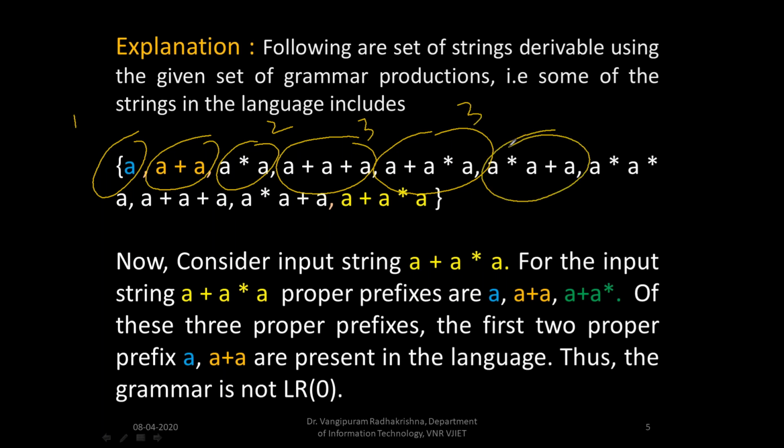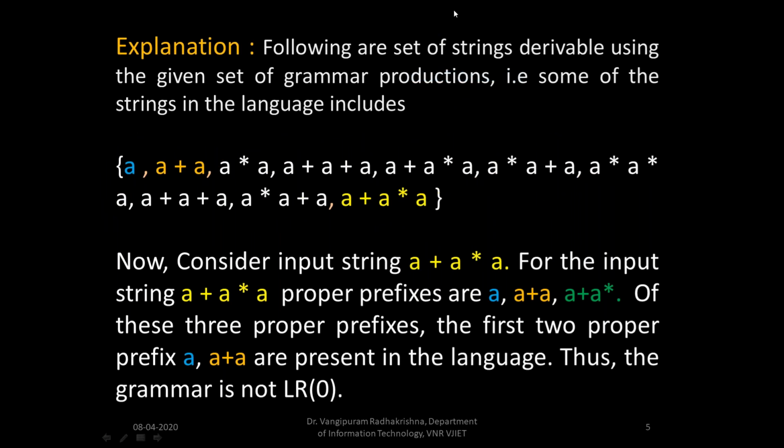Similarly, A star A plus A is a string of length 3. A star A star A and A star A plus A are also strings of length 3. Now assume that these are the set of all strings which are possible for lengths 1, 2, 3.